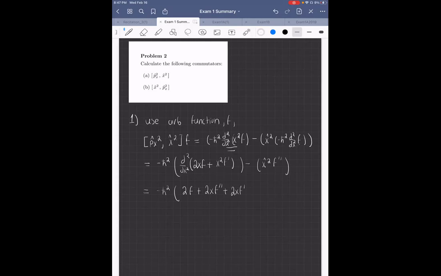Let me make sure I'm doing this correctly, 2x f double. Oh, yeah, it's single prime. That took the first derivative. Okay, and then the next term is going to be plus x squared times f double prime.